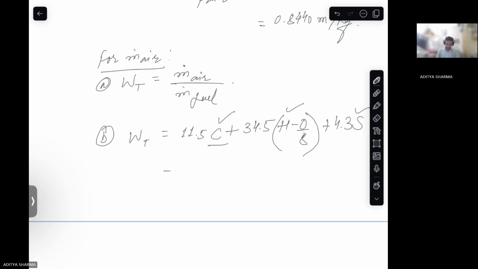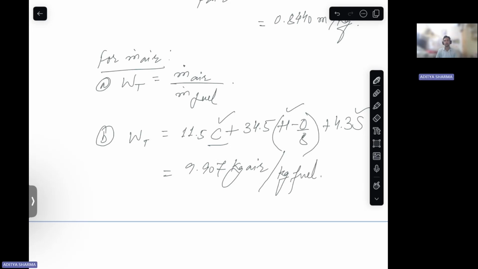And when you place all these here, what you will get is 9.907 kg of air, right? But this is with respect to what? Fuel, right?